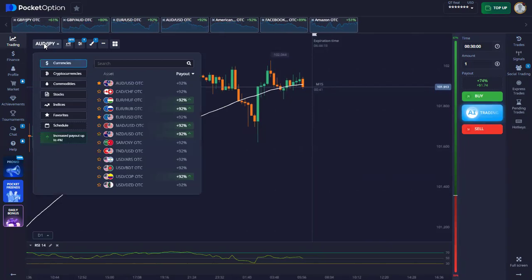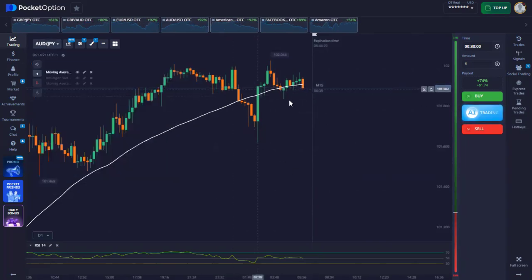On this particular one here, I'm not seeing a clear setup. This can be a very good low, but I'm not comfortable taking any trade on this pair for now.